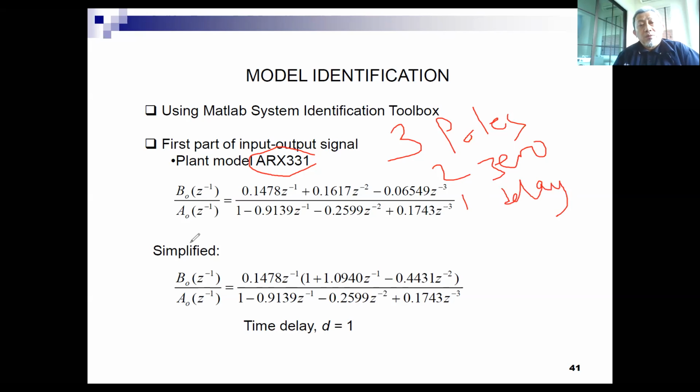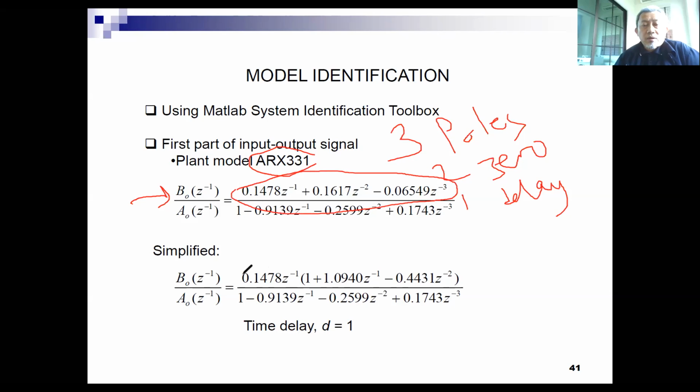So we get the value from MATLAB at the model output, where the graph will give you the measured value and the estimated value with the best fit, and it gives you the numerator polynomial B and the denominator polynomial A, which correspond to the model ARX331. Then we simplify because this can be factorized.